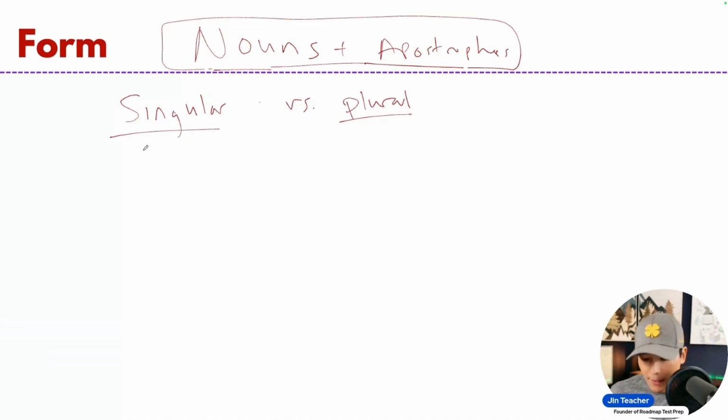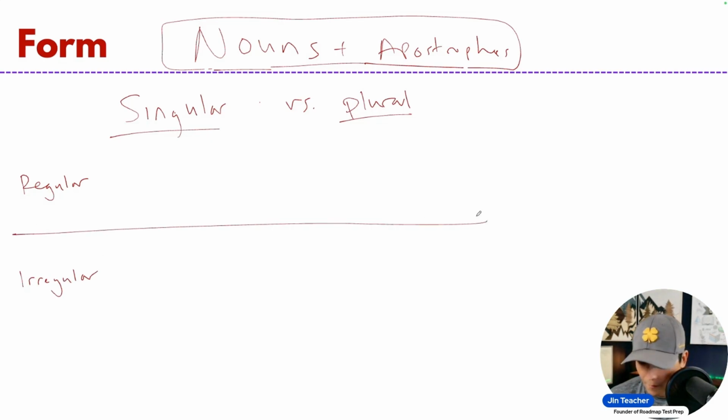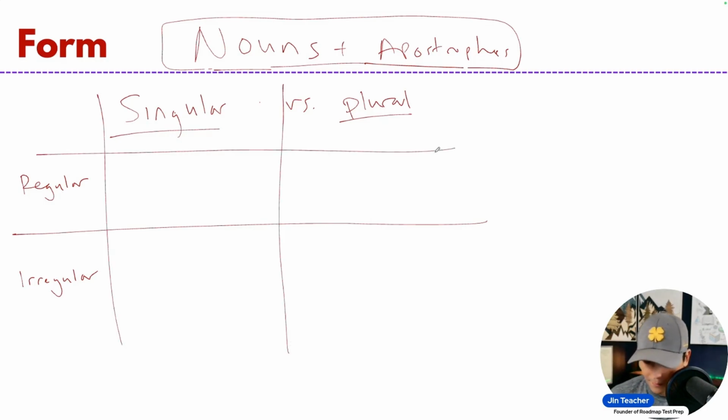Good. So the next thing then is we also have to think about regular and also irregular nouns. So we're going to create this little matrix. Okay? So what are regular nouns? Regular nouns are just nouns that behave normally, right?